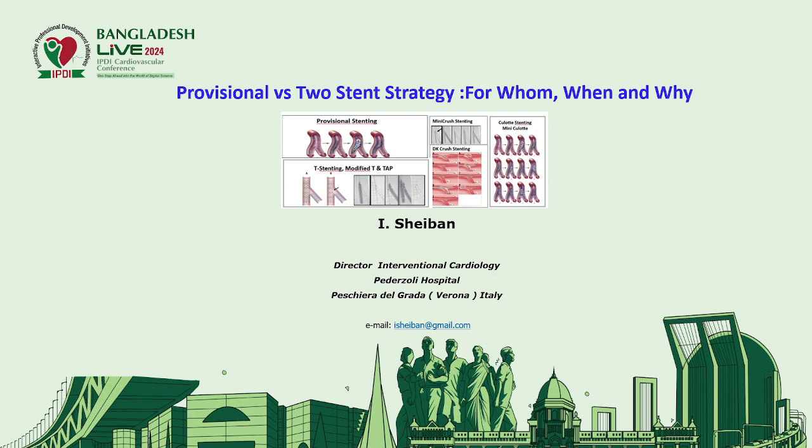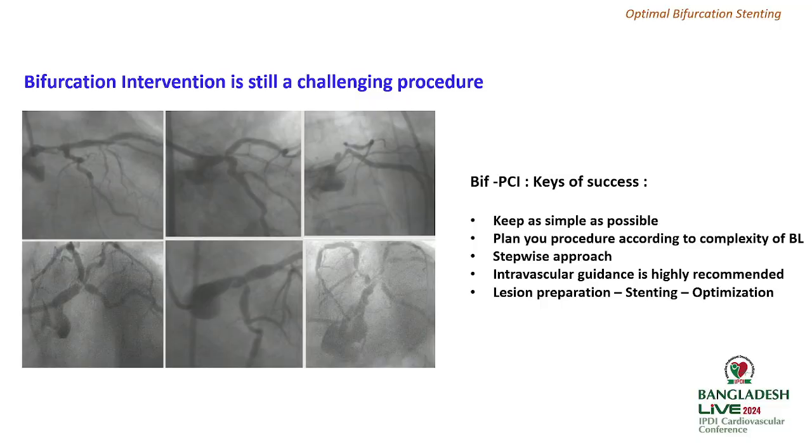Now, I'll try to summarize what we are generally doing in bifurcation lesions. So, the keys for success in bifurcation intervention is to keep it as simple as possible, to plan the procedure according to complexity of bifurcation lesion.